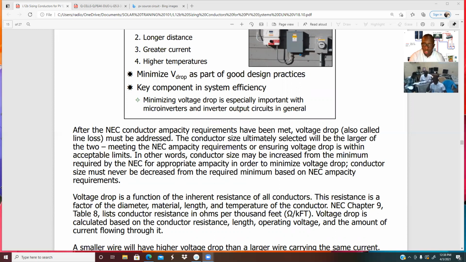In other words, conductor size may be increased from the minimum required by the NEC for appropriate ampacity in order to minimize the voltage drop. Conductor size must never be decreased from the required minimum based on NEC ampacity requirements. What they're saying is very explicit.